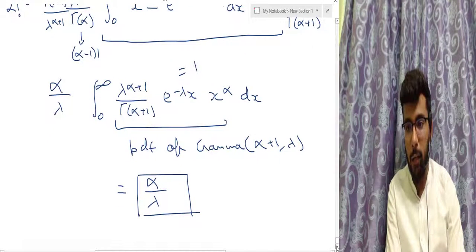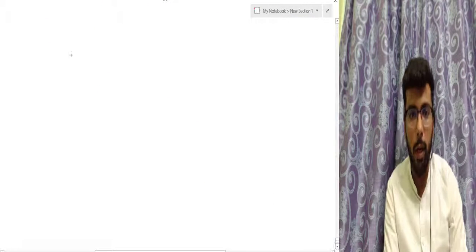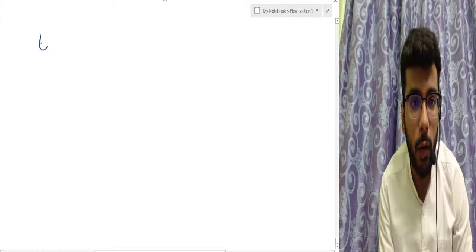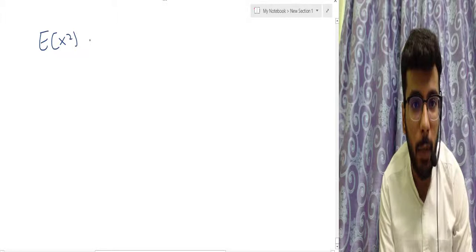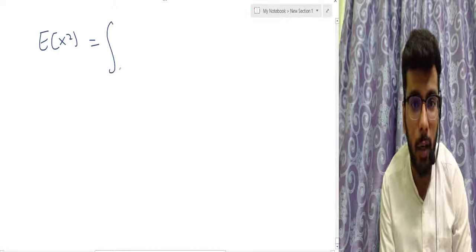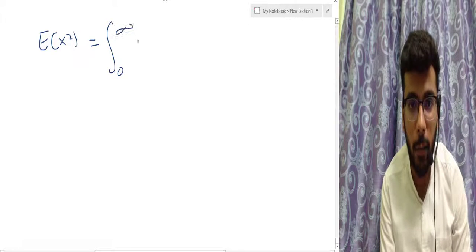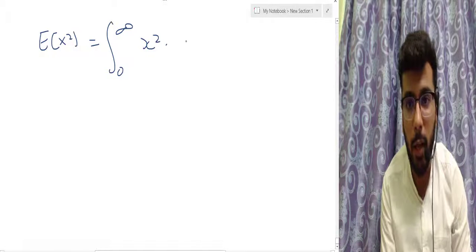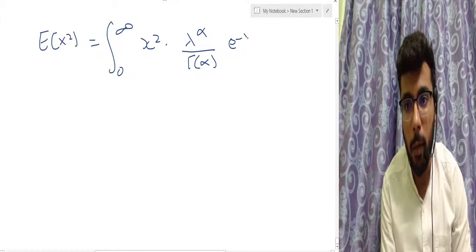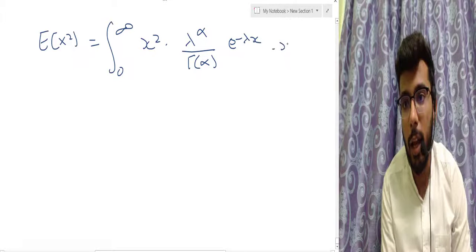Similarly for the variance, let's see what happens. Expectation of x square can be calculated very similarly. I'll apply the same procedure very fast. 0 to infinity x square into lambda to the power of alpha upon gamma alpha e to the power of minus lambda x and x to the power of alpha minus 1 dx.